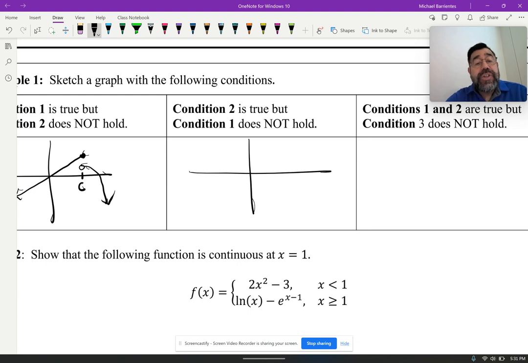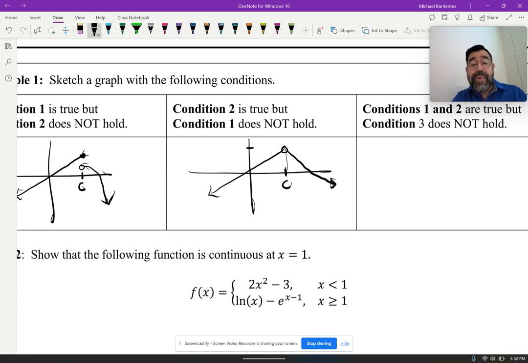Our graph could look like this. By the way, we don't know where this x value of c is, so I'm just putting it here and labeling it that way. Does the limit exist? Sure. From both sides, it's approaching whatever this y value is over here.